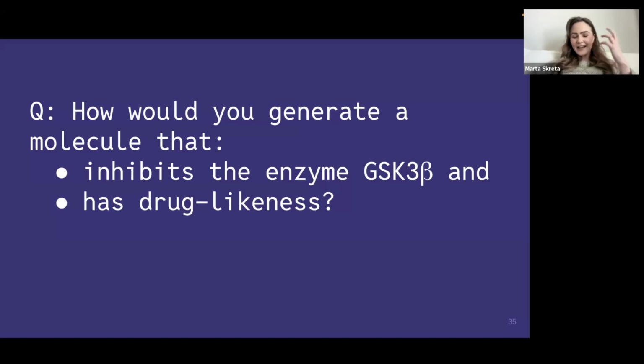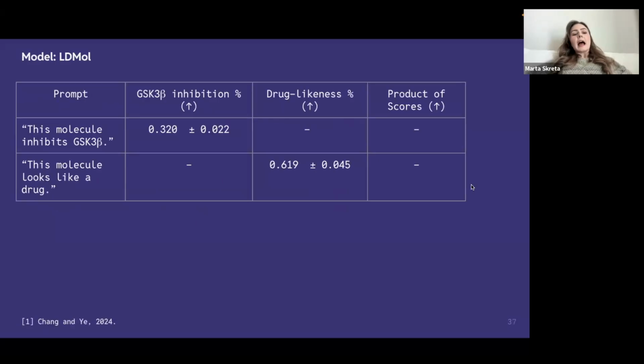This term might be vague, but for those who are familiar, this is the QED score, which is a set of simple rules where if you can satisfy these rules, then you are more likely to be a drug, or you look more similar to existing drugs. So these are two things that we want to generate molecules with. And so we use a model here that we can prompt with a text prompt.